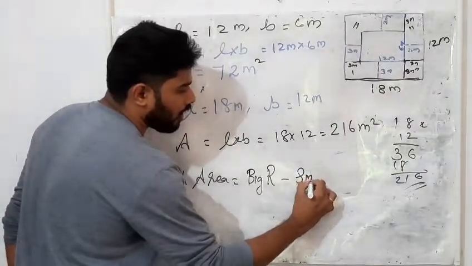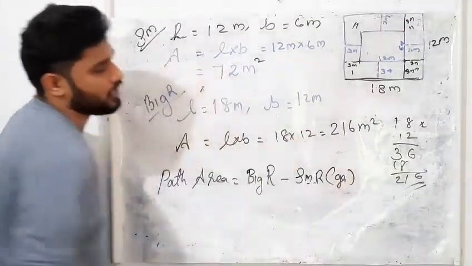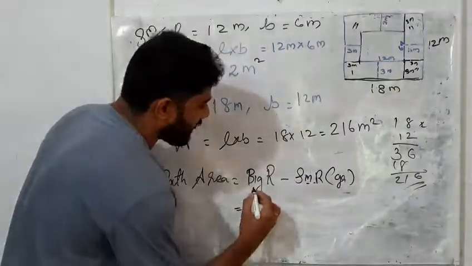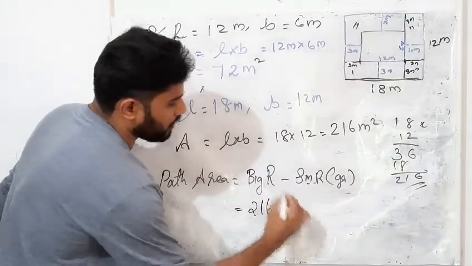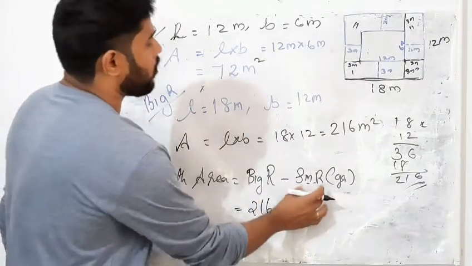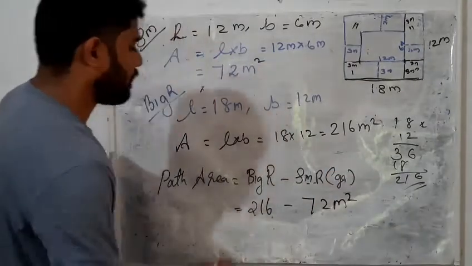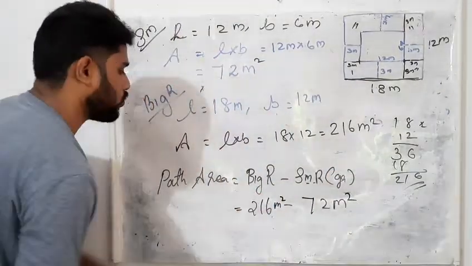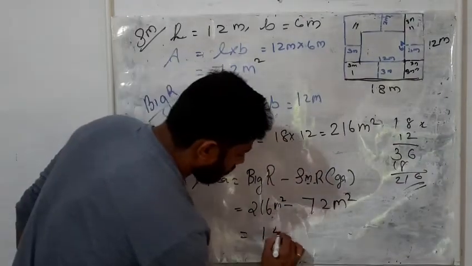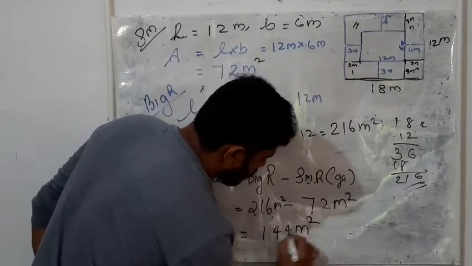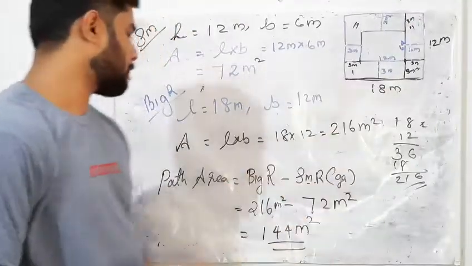I am just writing GA for garden. So the area of the big rectangle is 216 meter square minus the small rectangle area 72 meter square. 216 minus 72 is 144. 144 meter square is the area of this path.